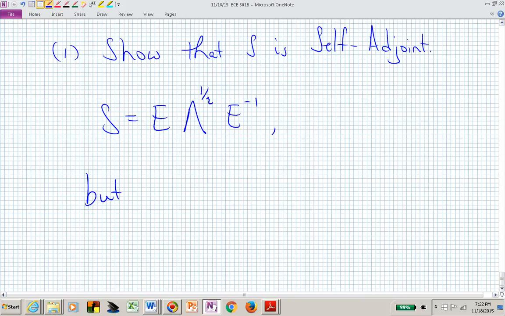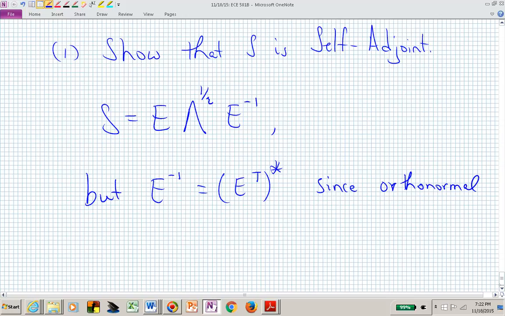But remember what E was. E was this orthonormal or unitary matrix. E inverse is actually equal to the complex conjugate transpose of E, since the matrix E was made up of these orthonormal basis vectors, which are possibly complex, which is why we're saying complex conjugate transpose.